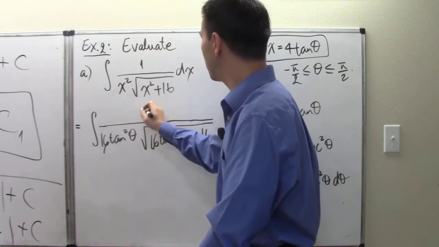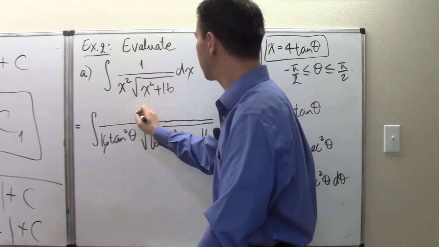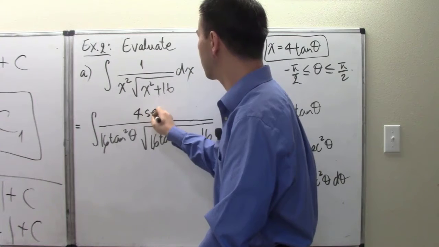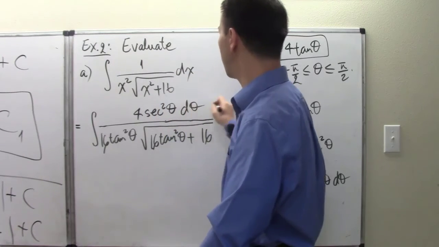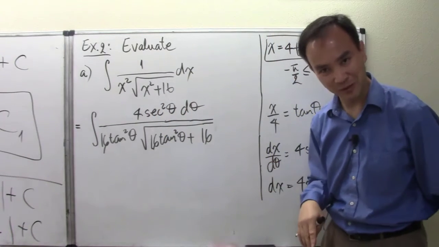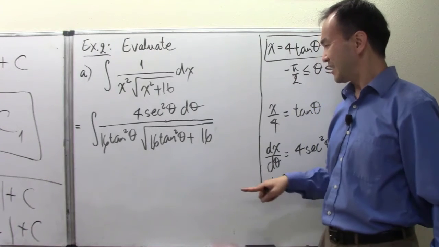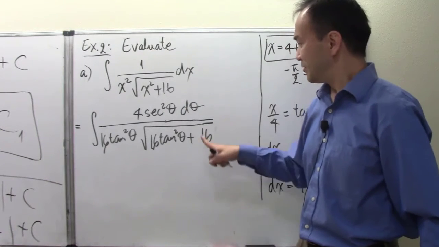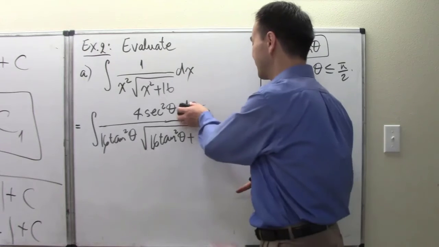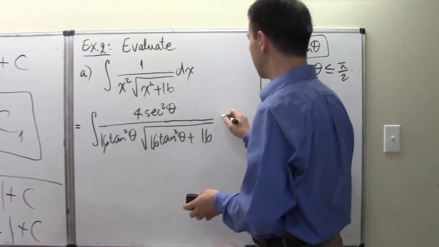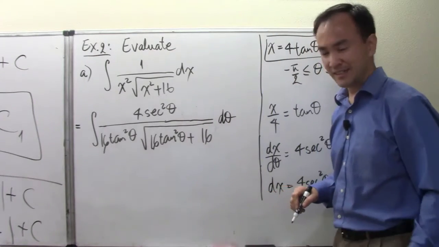So I can put the dx here on top, turning it into a 4 secant squared theta d theta. It's all about saving space. To still keep it clear, I can still put the theta here. I have enough space for that.